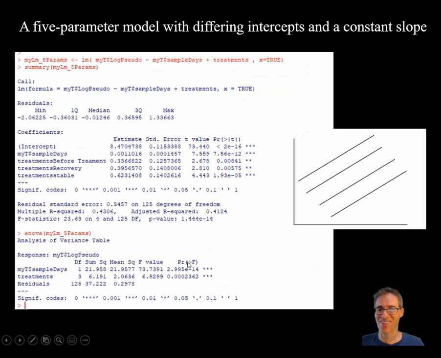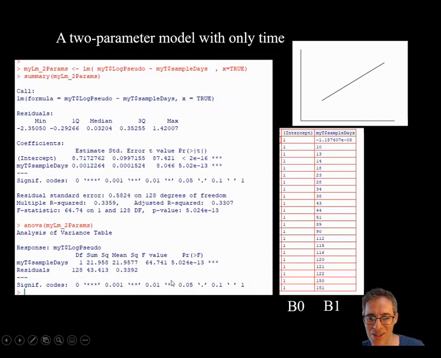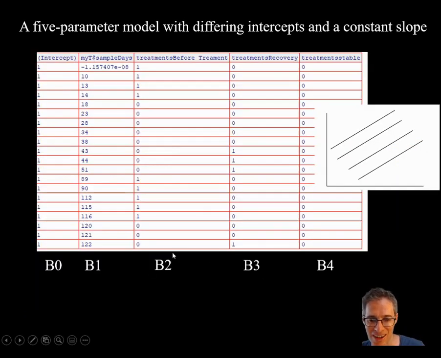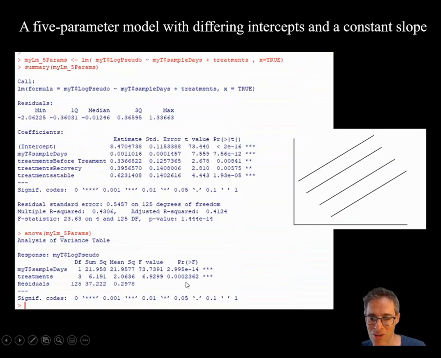Again, we're zeroing out these B2, B3, B4 in this ANOVA to come up with this p-value here. So that's our 5-parameter model.